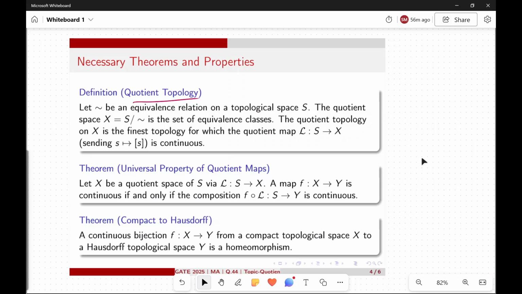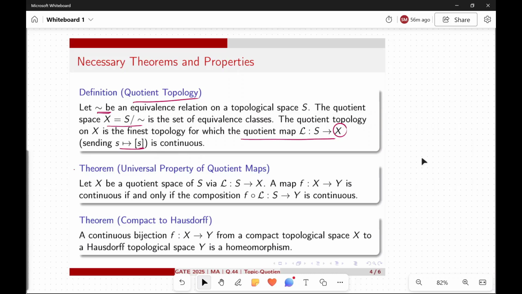We have some equivalence relation tilde, and the quotient X by tilde, with the corresponding quotient map L from X to X by tilde, sending x to its class in third brackets. We give a topology on the quotient such that the quotient map becomes continuous. That topology is known as the quotient topology. I understand this is very basic, but for completeness I am putting the definition here. And there are two important theorems which we are going to use.